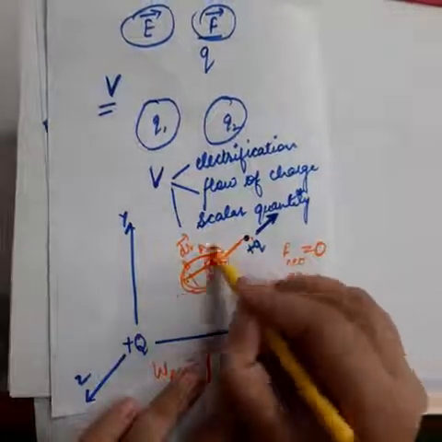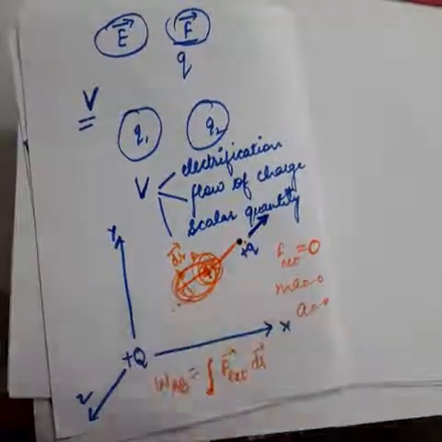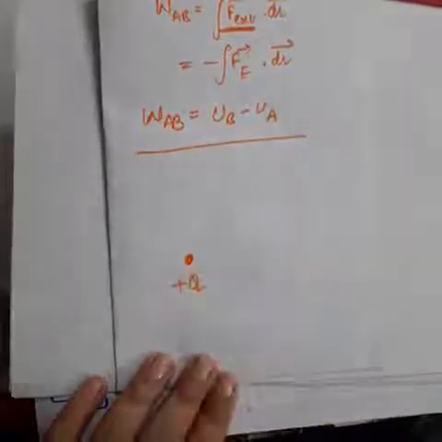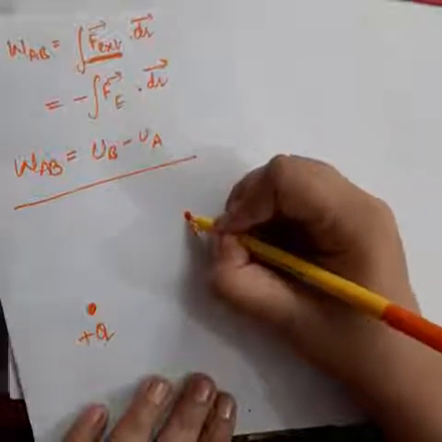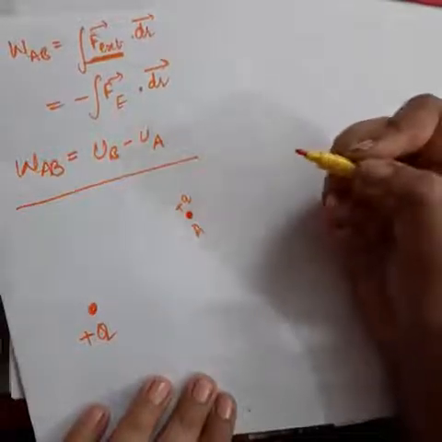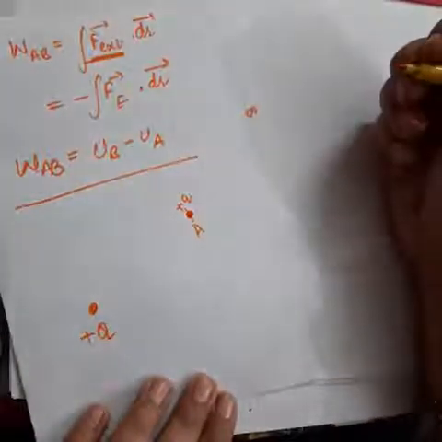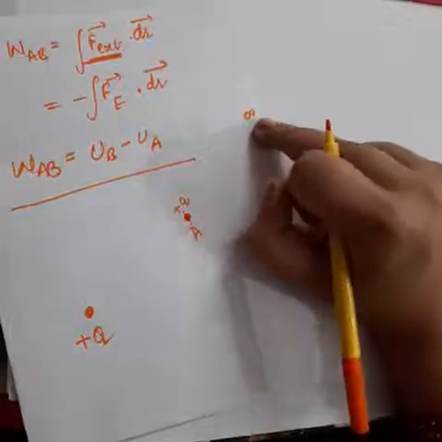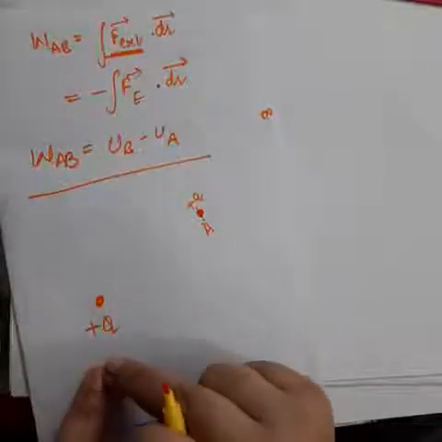What if I am talking about the potential energy at position A only, and what if I am talking about the potential energy at position B only? So how can we go about it? Suppose this was my source charge, okay, and this is position A. You are talking about the potential energy of plus Q at this point A. So suppose you bring the charge from infinity. Infinity is that area over here, that position where the electrical influence of this charge is not reaching.